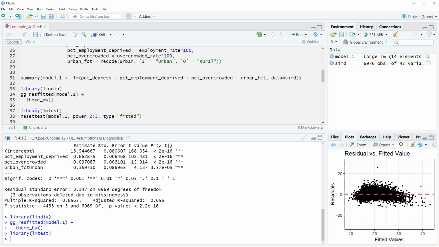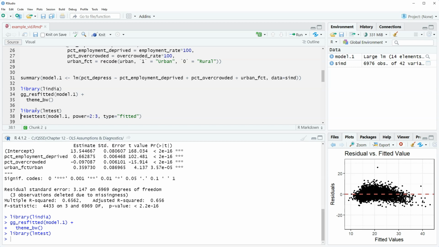It includes them as predictors, and then it looks at how well the original model, model1, does at explaining the variance compared to this new version that has the squared and cubed fitted values, the y-hats, as predictors. And if there's not that much gain by including the squared and cubed, then the test will say there isn't a benefit from it.